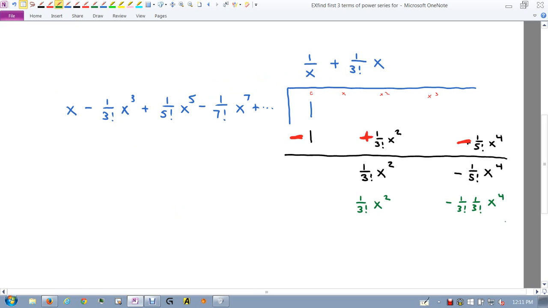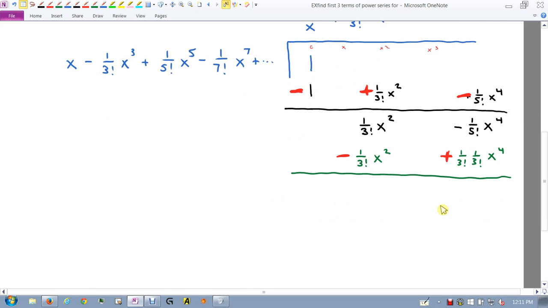All right, let's bring in our line. Let's subtract. Changes the signs. And what pops out of the bottom right here? You have to add those together, don't you? Well, when you add these together and they have the same power, you just add the coefficients.